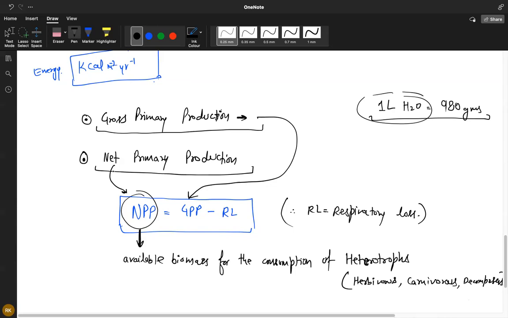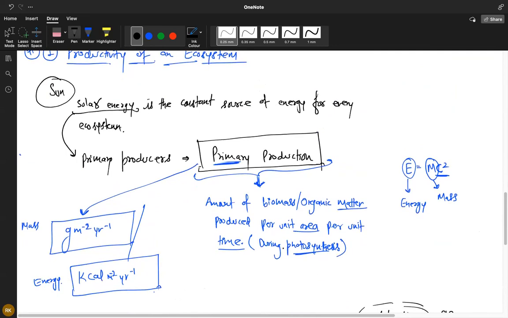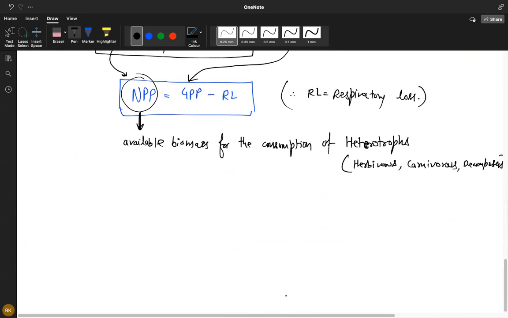I told you that I'll be telling you why we only take the production due to photosynthesis in primary production, because there is something called secondary production and tertiary production also, which you don't have to study in detail. But ecologists study this in detail. Secondary production is the rate of formation, just like in primary production, of new organic matter, but by the consumers.